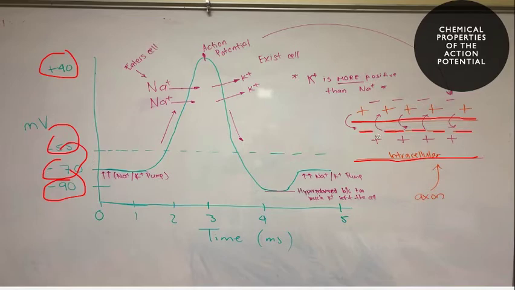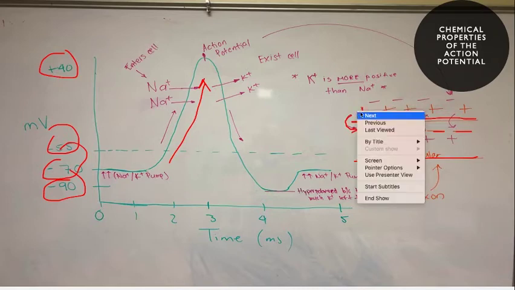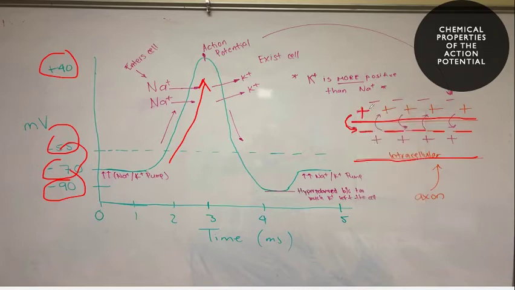So it's logical that the cell inside will be negatively charged. Then it depolarizes, it goes through the action potential, and it changes charges. Now the inside of the cell is positive, and the extracellular fluid is negative, right?